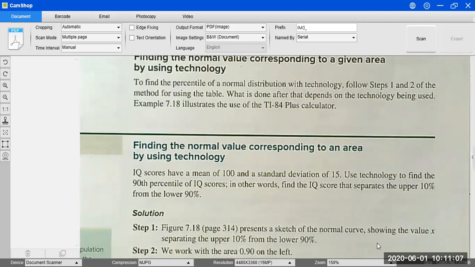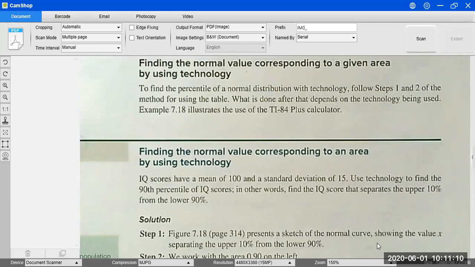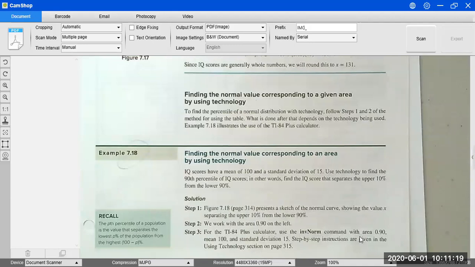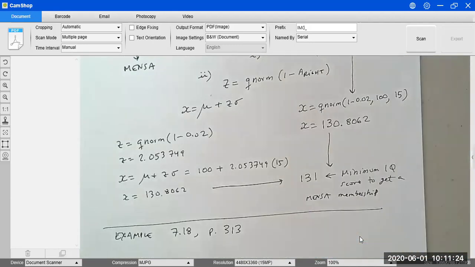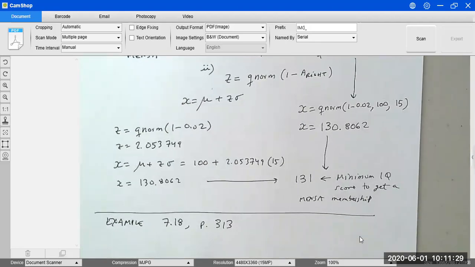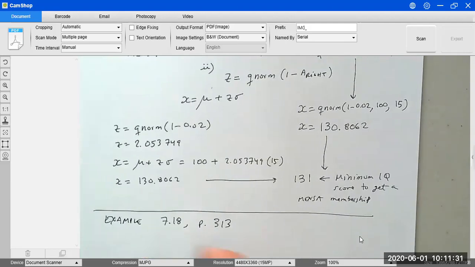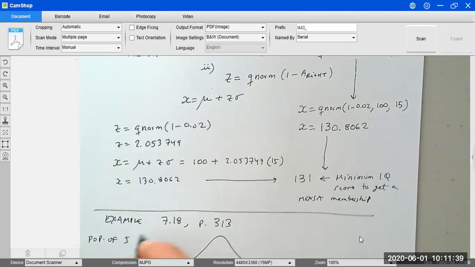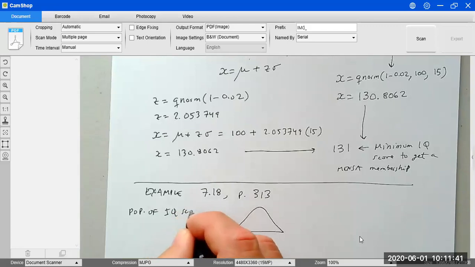For percentiles, we can use the standard normal, or we can use the normal distribution directly. Let's work on this problem, and then you're going to have 3 or 4 more problems to complete your assignment for this lecture. What we have here is the population of IQ scores.